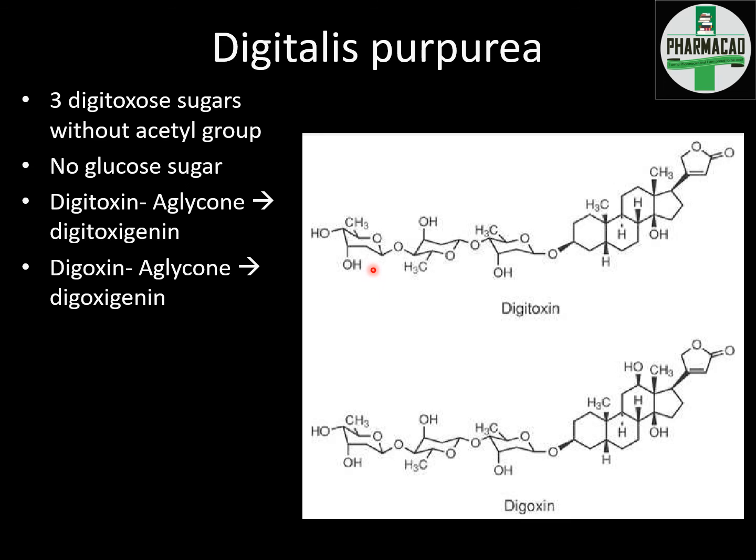Second, the acetyl group present on the third digitoxose sugar is not there. It's a plain digitoxose sugar, unlike in lanatoside. Here there is no acetyl group. There are 3 plain digitoxose sugars attached to the digitoxigenin aglycone. So this is forming digitoxin and this is digoxin.